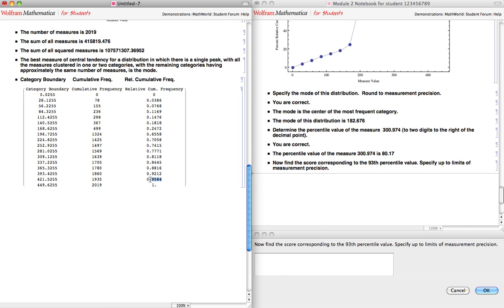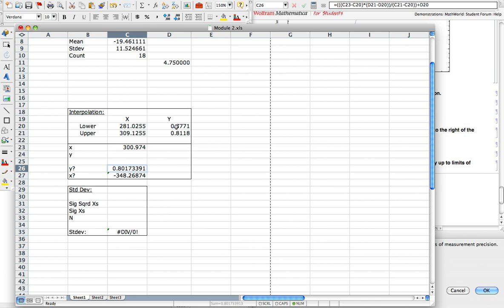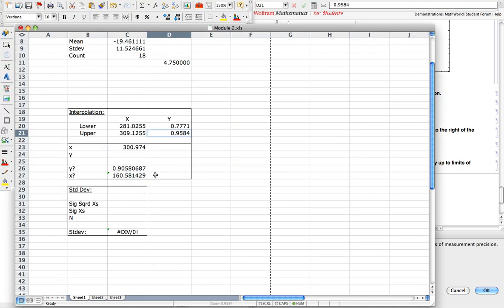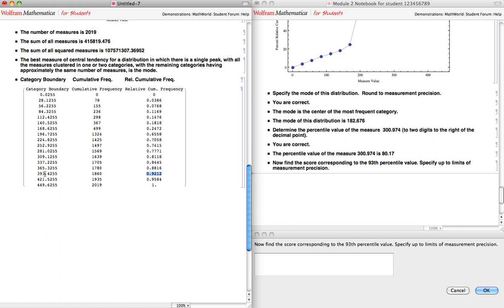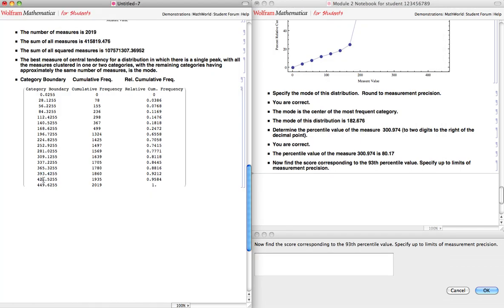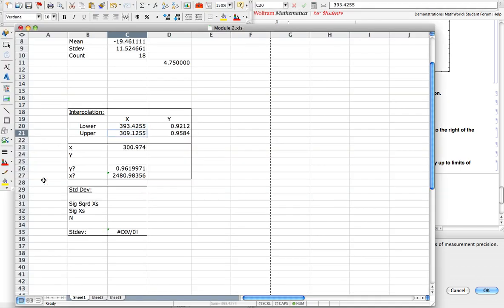So 0.9584 is my upper y boundary, and my lower y boundary is 0.9212. My lower x value is this value here. My upper x value is this value here.